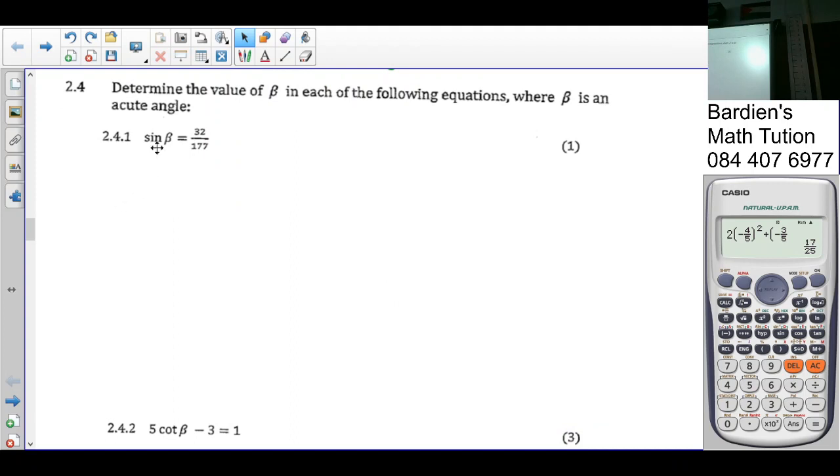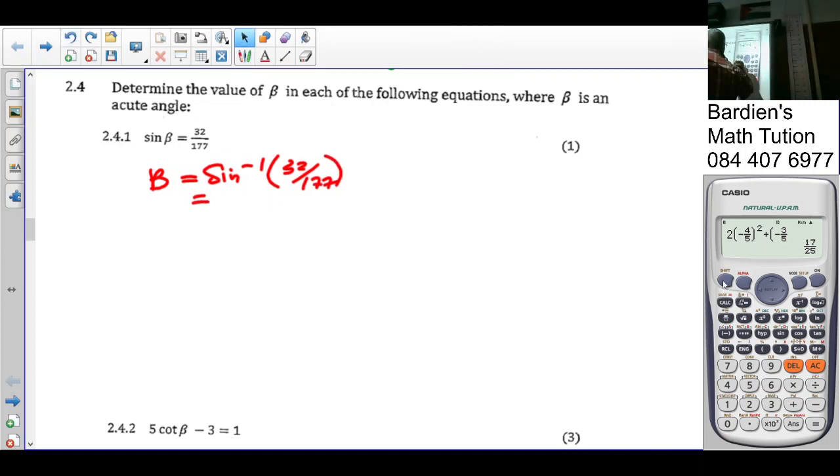2.4, we read the question. So how do you calculate angle beta? You say arc sine 32 over 177, not so?